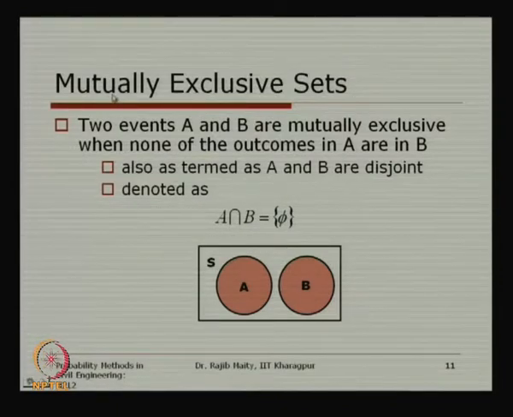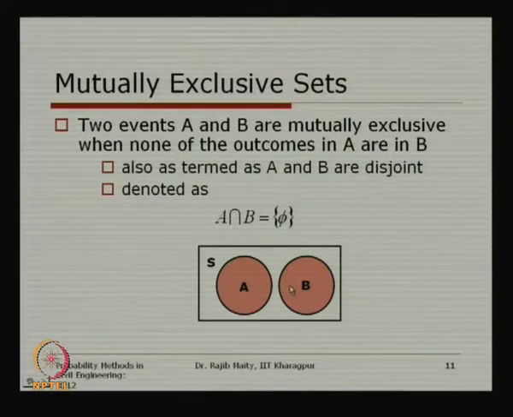Here one is the mutually exclusive set. We can say that two events A and B are mutually exclusive when no outcome, no element in A is in B, and of course vice versa. So there is no overlap between these two sets.